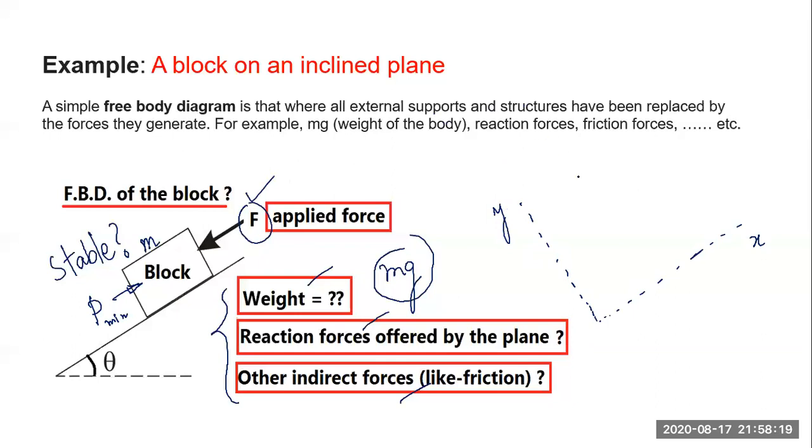And if we assume the block to be a point body, all the weight mg is passing through that point only, because we can assume the entire body as a point body. So this is the mg. The applied force F is this one according to the given diagram. This is the applied force F.